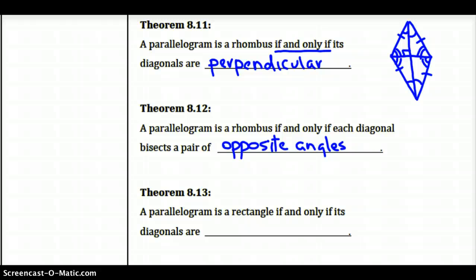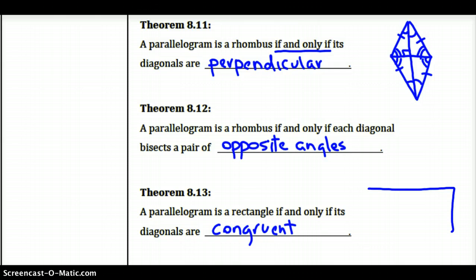Theorem 8.13: a parallelogram is a rectangle if and only if its diagonals are, in this case, congruent. So if we have a rectangle, that's not a rectangle yet, but now it is. This diagonal is congruent to this. It is usually shown by this type of mark.